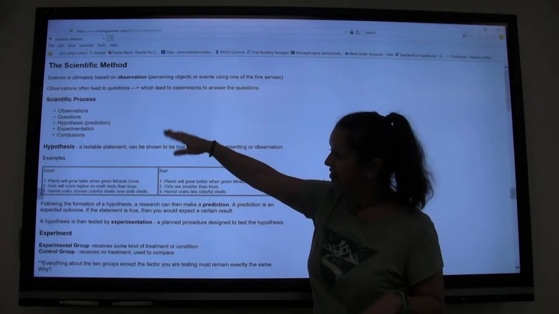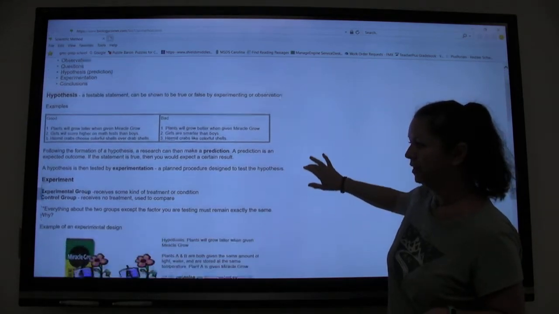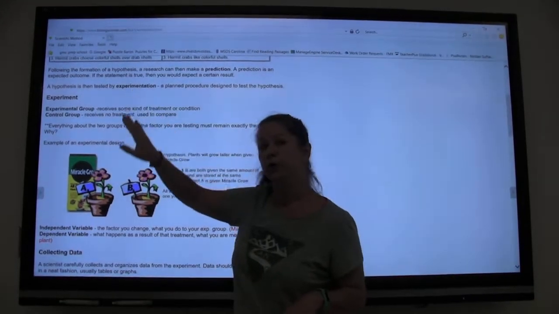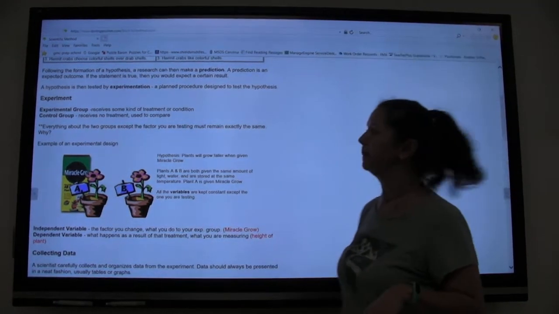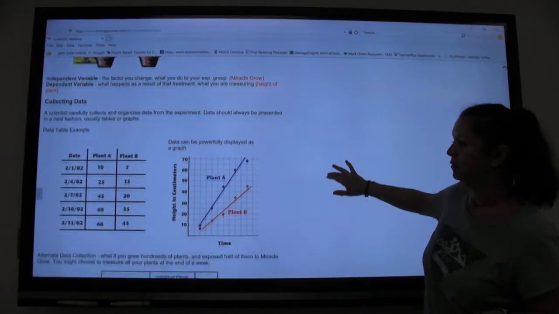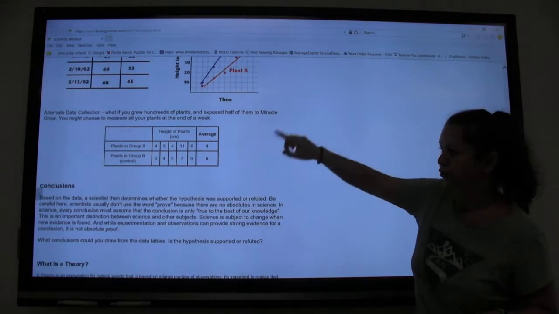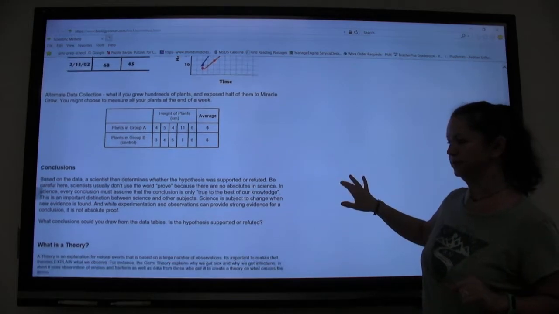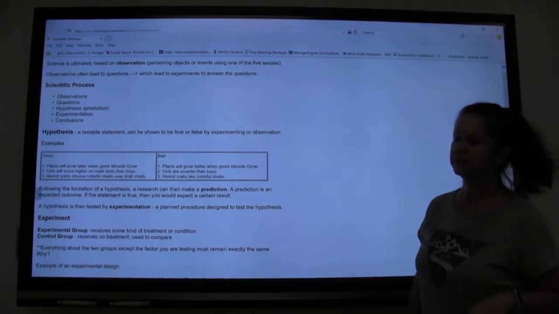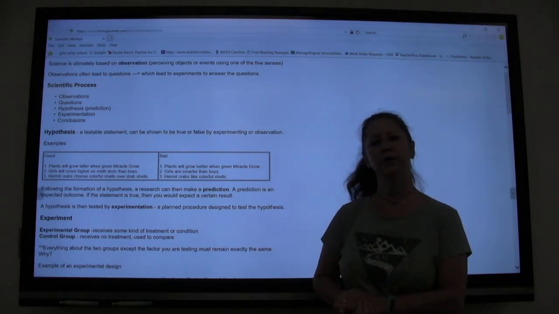It talks about what the process is, examples of good and bad hypotheses, and walking your way through the experiment, setting up the experimental group and the control group. We'll be learning about those. It also covers collecting data, then organizing your data and using it to analyze and draw conclusions. It's an example out of a real science experiment of things you can do. Hope that helps, and we'll be working with this quite a bit over the next couple of weeks.